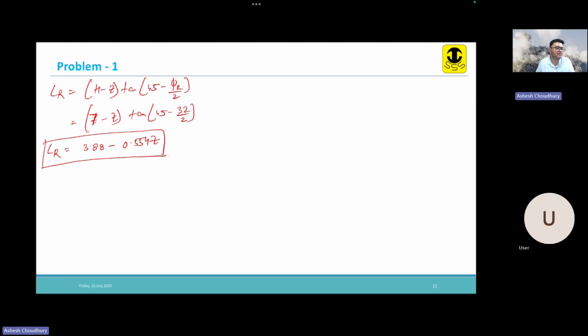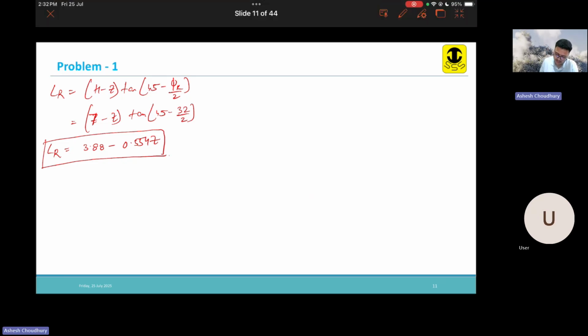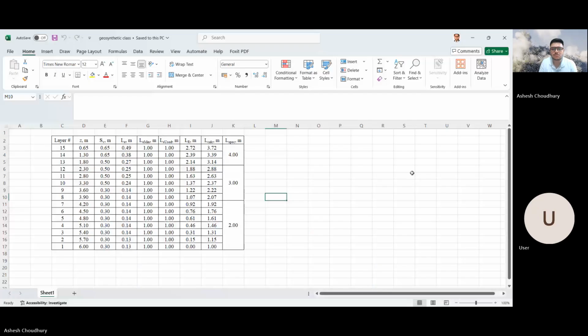Now the next step will be what? Nothing but to make a similar table that we made yesterday. Let us do that. A similar table we are going to make.